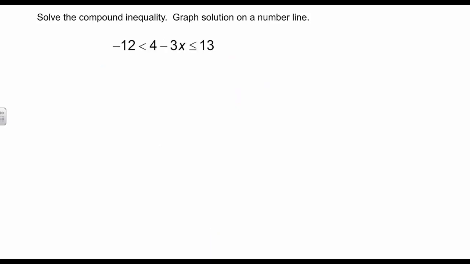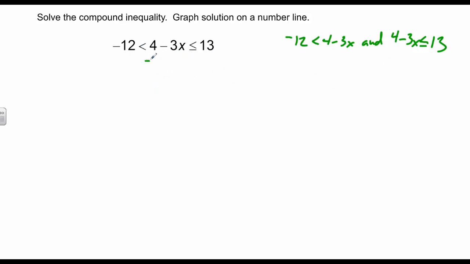Moving forward, here's another way that an AND problem is written without really writing an AND. AND is usually talking about numbers in between two other numbers. So this is really like a compound inequality involving an AND. In order to solve this, I can break it up in this fashion, say -12 is less than 4 minus 3x, and 4 minus 3x is less than or equal to 13, which I really don't prefer to do if it's written this way, because I'll just do the same thing to both sides of an inequality.